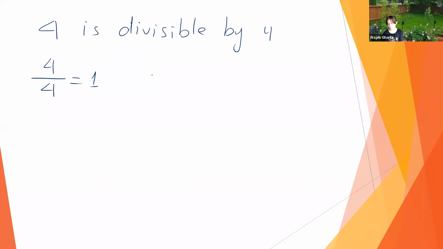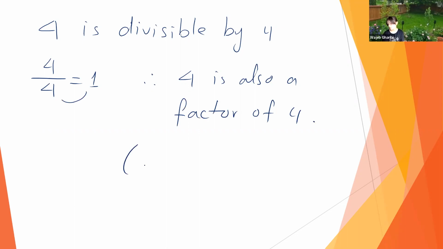So 4 is also a factor of 4, because 4 times 1 equals 4. So by finding the divisors of a number, we can find the factors of that number.